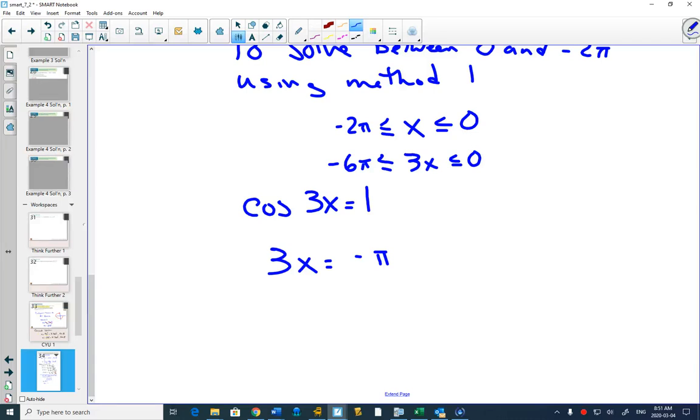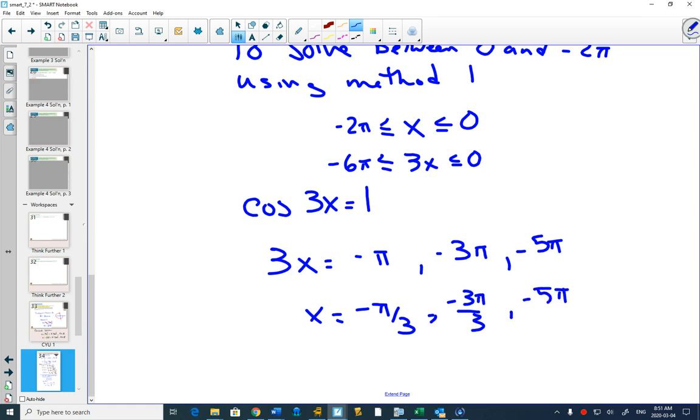So first time around negative pi, second time around negative 3 pi, third time around negative 5 pi. Then to solve for x, divide each of them by 3. Can you see we got the same answers as we did before?